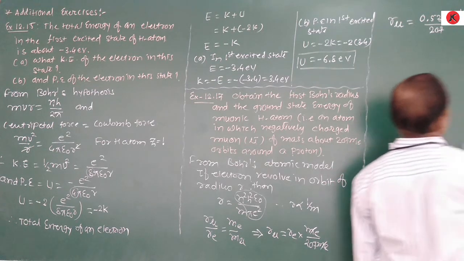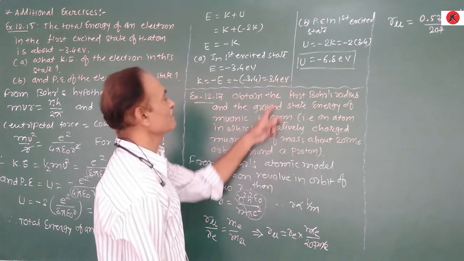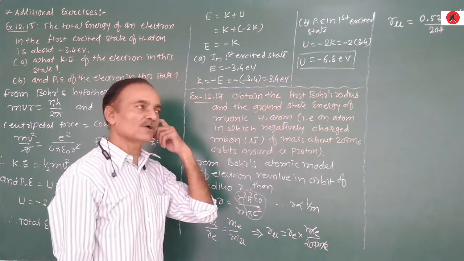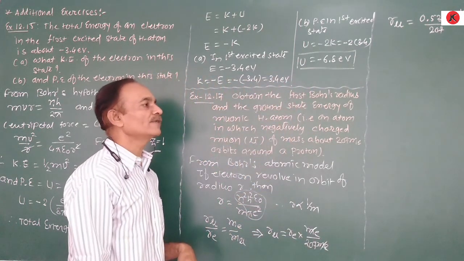That is the first Bohr's radius for the muonic atom.